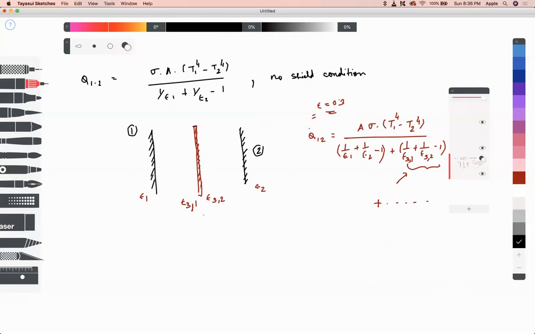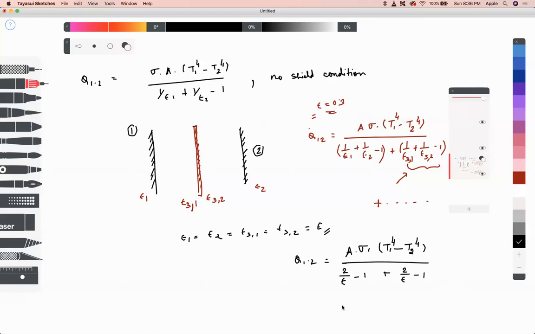Also, let's say a very unlikely situation, let's say epsilon 1 is equal to epsilon 2 is equal to epsilon 3,1 is equal to epsilon 3,2 is equal to epsilon, let us say. Then in that case, it will come out to be A into sigma into T1 to the power 4 minus T2 to the power 4 divided by, here it will be 2 by epsilon minus 1 plus 2 by epsilon minus 1.